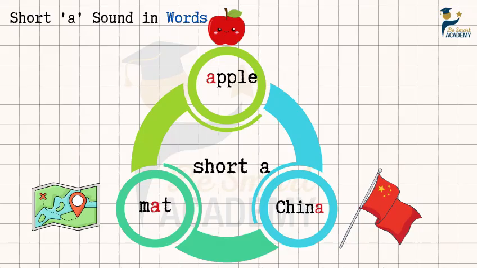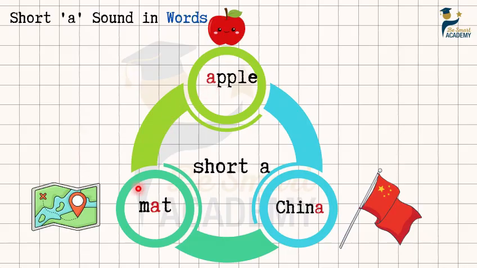So let's now check some of the words that have the short A sound in different positions and locations. In the first word, apple, you notice that the short A sound is found at the very beginning of the word.